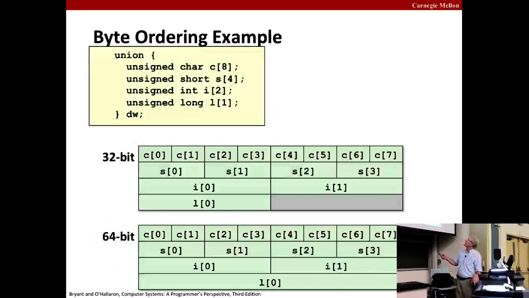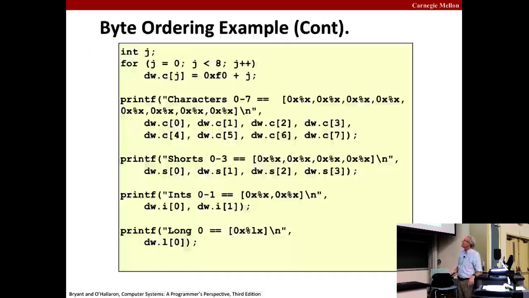So in particular, with this union, I can view a block of 8 bytes as either 8 characters, 4 shorts, 2 ints, or 1 long. And on a 64-bit machine, like is shown here, where long is 64 bits, you're able to look at things either as the individual bytes making it up, or some longer aggregation of those bytes.